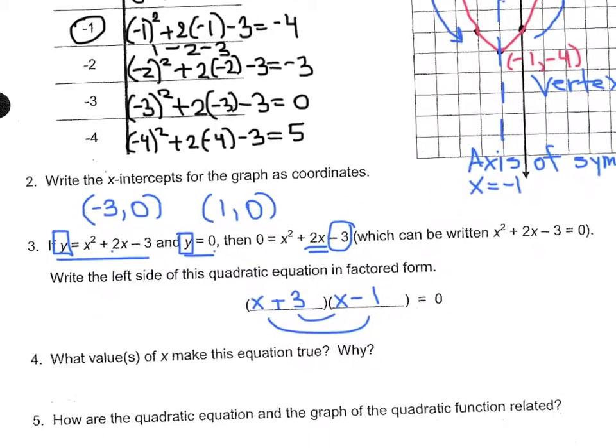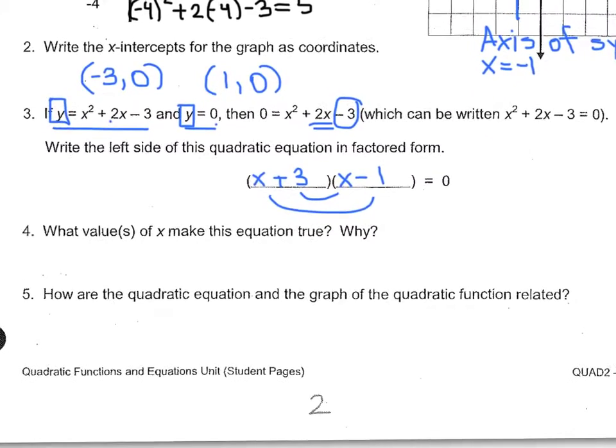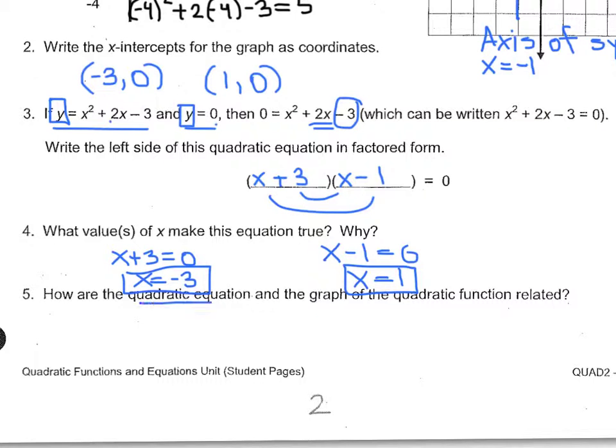So if we continue solving, our solutions are x plus 3 equals 0, so x equals -3, and x minus 1 equals 0, so the other solution is x equals 1. So the algebraic solutions match the x-intercepts of the graph. So how are the quadratic equation and the graph of the function related? Well, the solutions to the quadratic equation are the roots of the graph of the quadratic function.